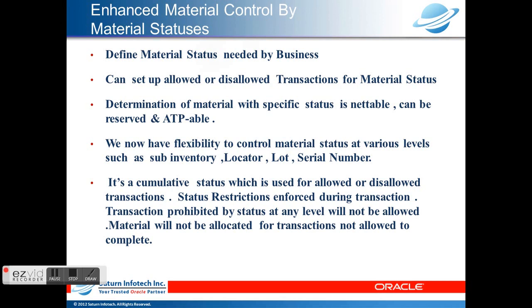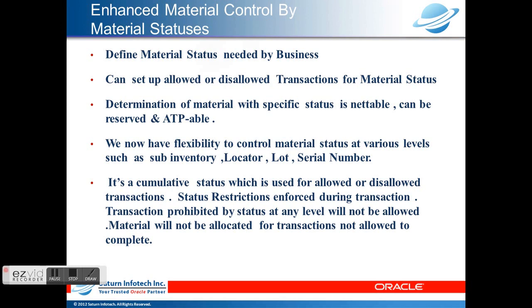For example, if we have to do a shipping transaction, the status of the material should be active. If this is the case, then a material from a particular locator has to have status active at the locator level, as well as at the sub-inventory level.